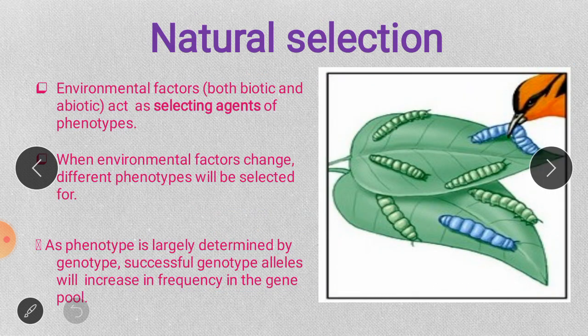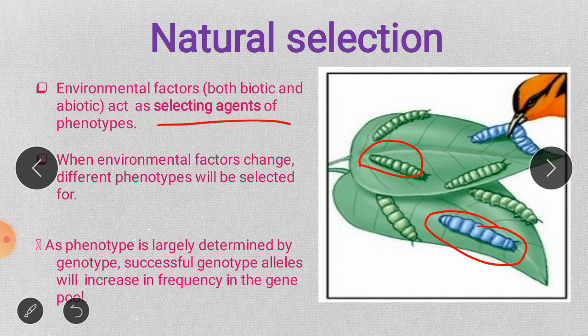So environmental factors, we have two types, biotic factors and abiotic factors. They act on the phenotype, or they act as a selecting agent of the phenotype. Suppose here in this picture you can see we have two types of caterpillar, green colored caterpillar and blue colored caterpillar. Birds are going to pick only the blue ones.